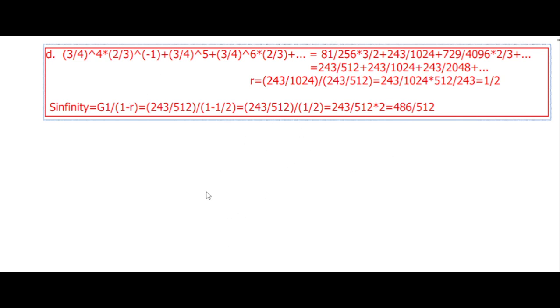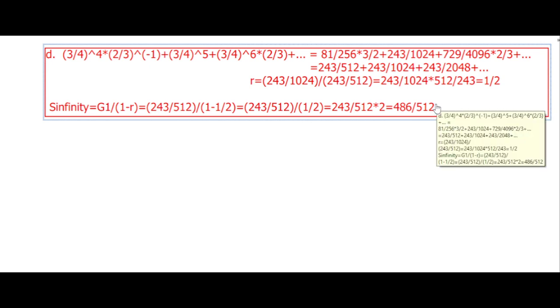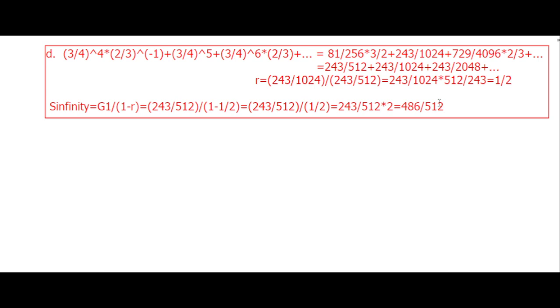This is the infinite sum. We can simplify this by dividing by 2, which gives 243 over 256. So this is the simplified answer.